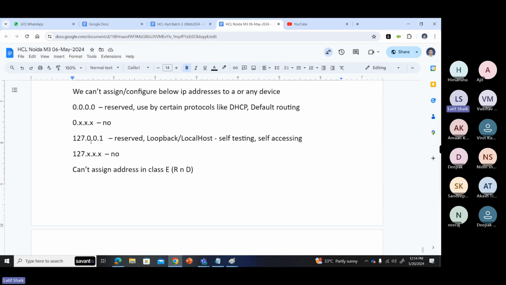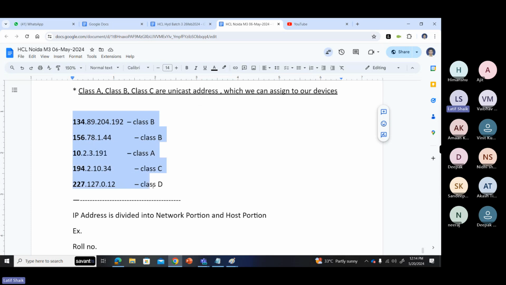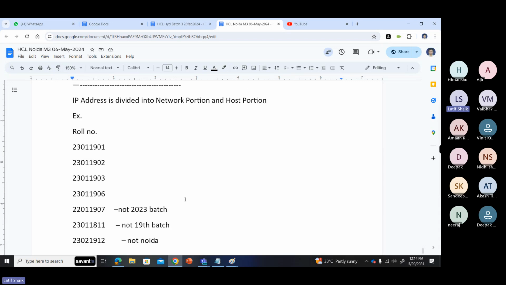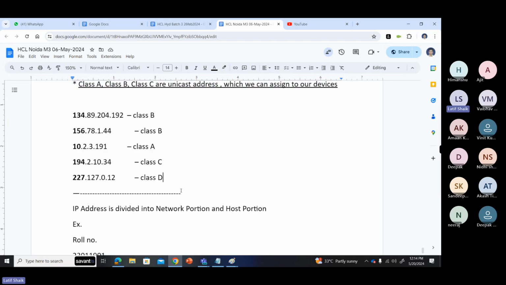Another important point is 127. Next, identification of which class an IP address belongs to. The next topic will tell you the network and host portions.